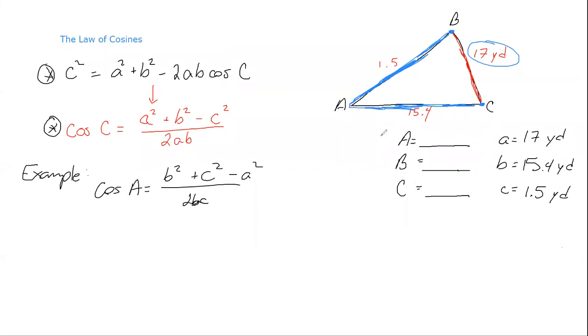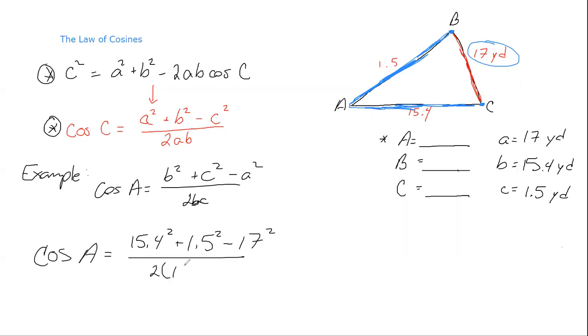Let's try to find angle A. Okay, so we're using this formula, cosine of A is equal to 15.4 squared plus 1.5 squared minus 17 squared divided by 2 times 15.4 times 1.5. This comes out to approximately negative 1.0733.